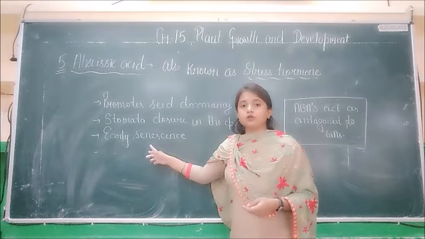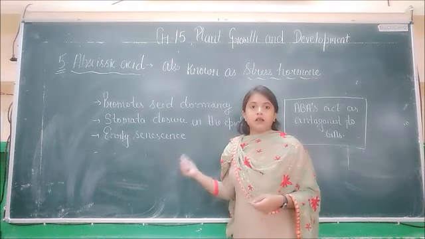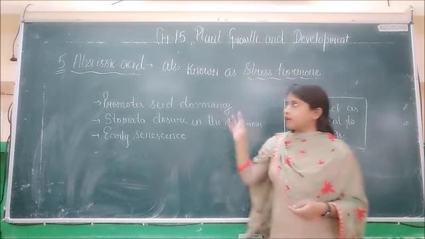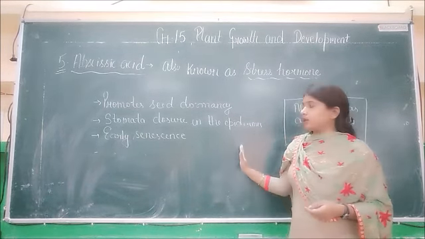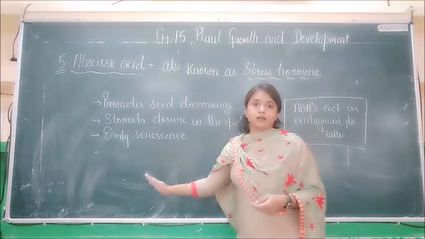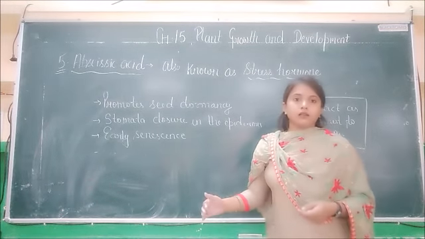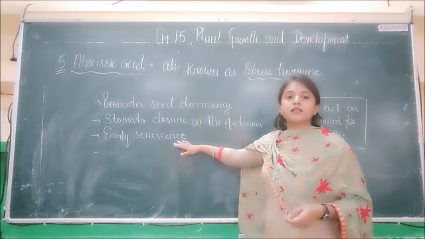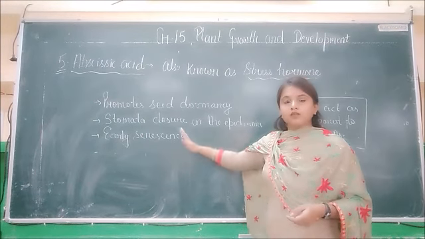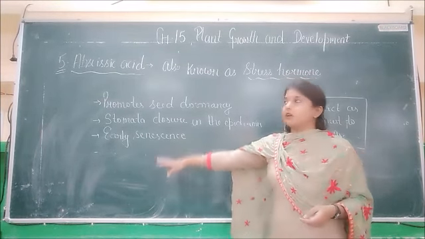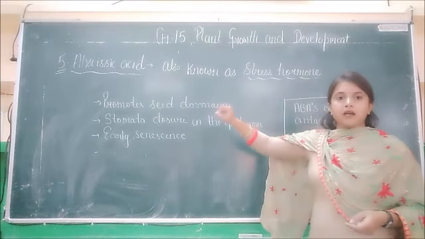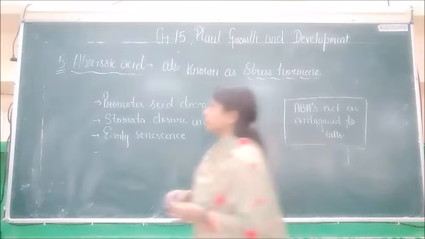Another function of this one is early senescence. Early senescence means when abscisic acid is present, the cell death will be earlier, right? The leaf fall will be earlier. Everything related to senescence, meaning cell death, will be in the earlier stages, right? So abscisic acid is a plant growth inhibiting hormone.